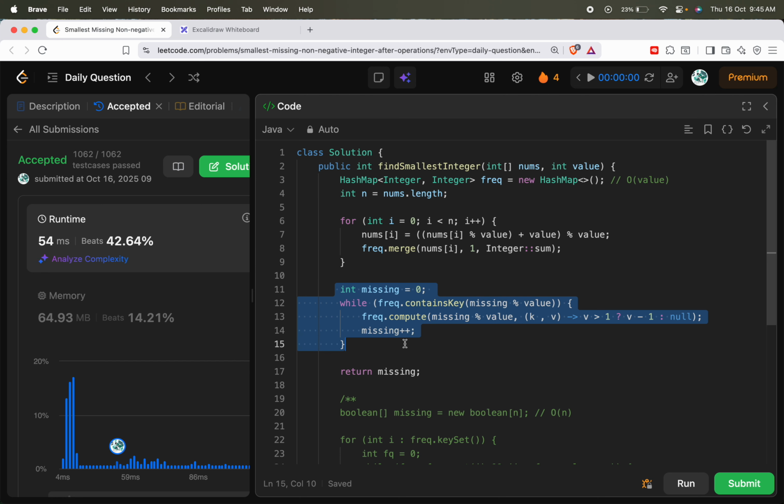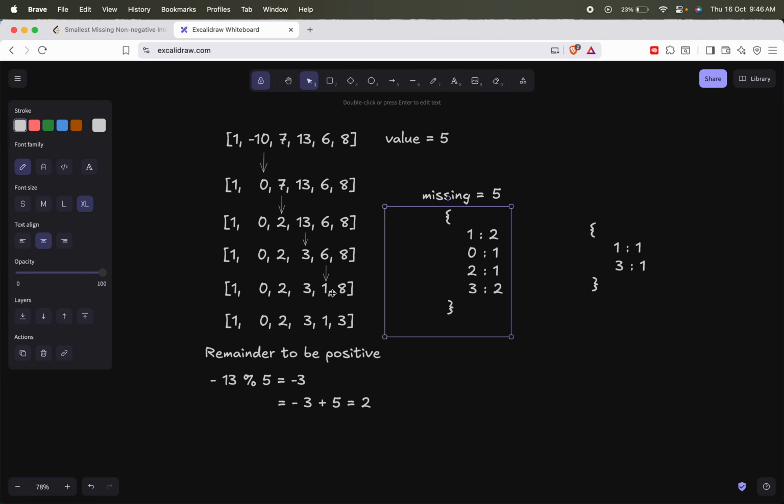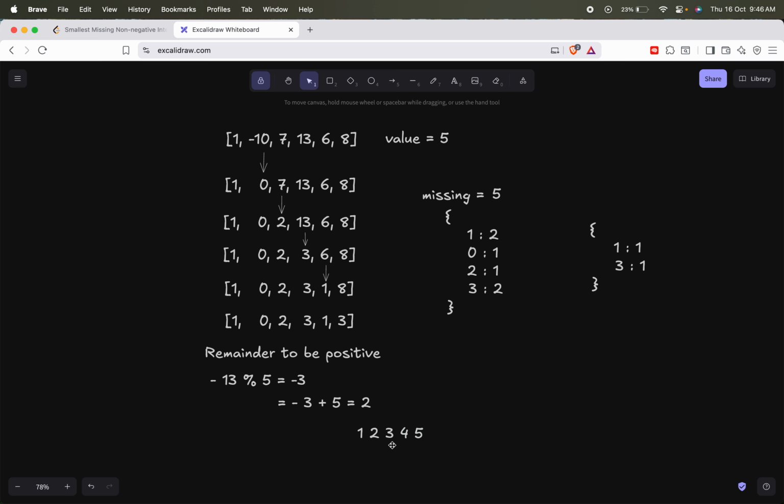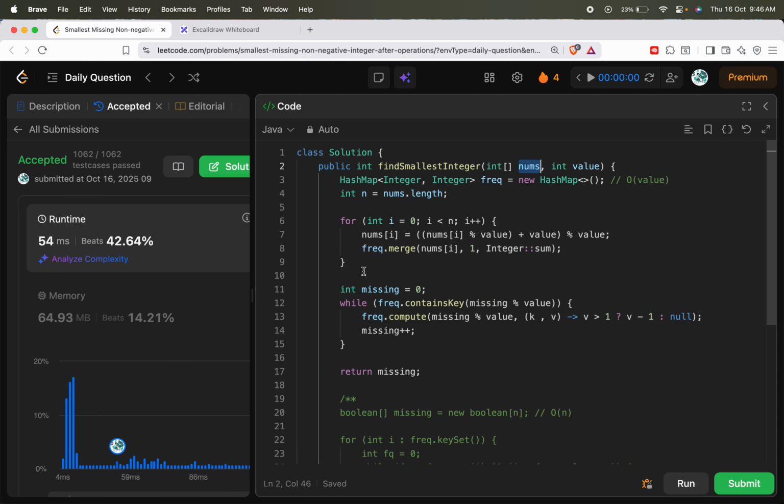The reason being, since we have n elements in the array and if all the elements were unique, let's give an example as 1, 2, 3, 4, 5. Each and every element has a frequency of 1. So we will be iterating for each and every element and reach all the way up to 6, and then 6 would be our answer in that case.